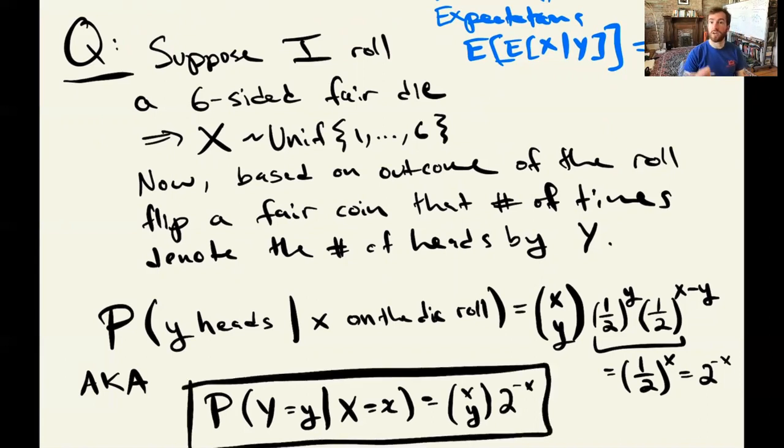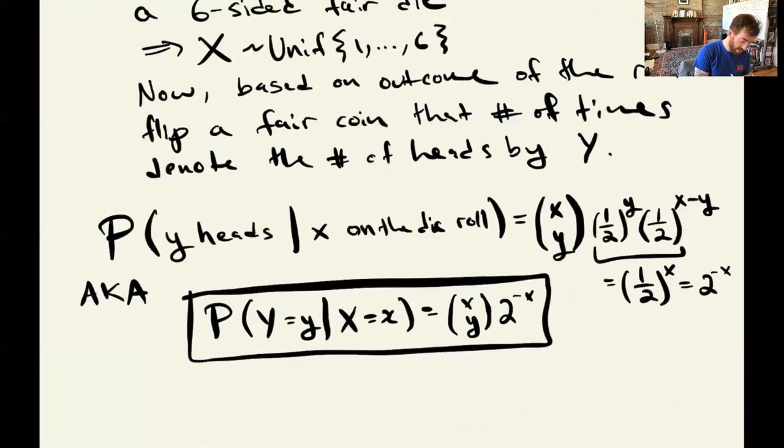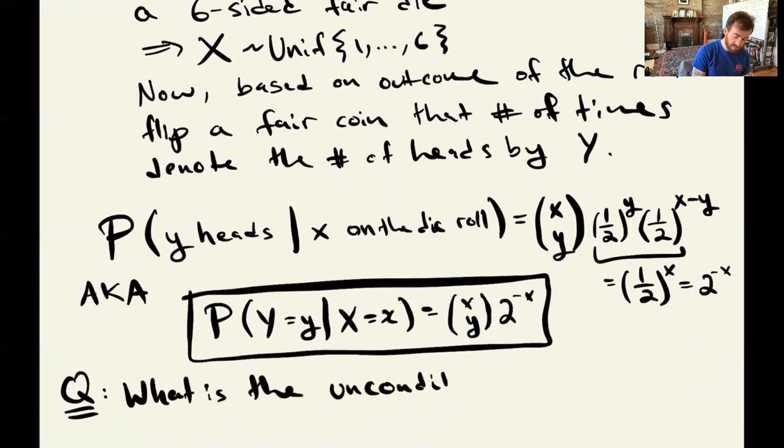So this is the notion of the conditional distribution of y given x. Now, suppose I want to just figure out what's the actual PMF for y. So here we get to our real question. What is the unconditional PMF for y?